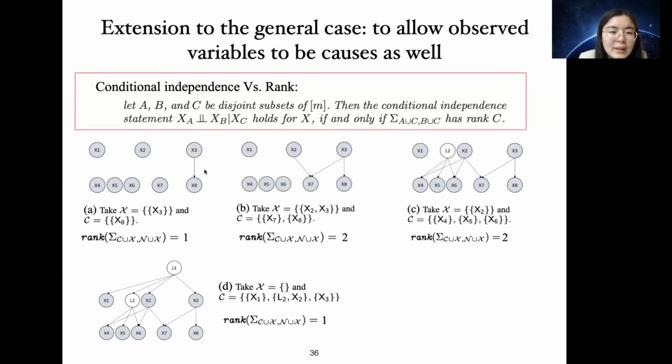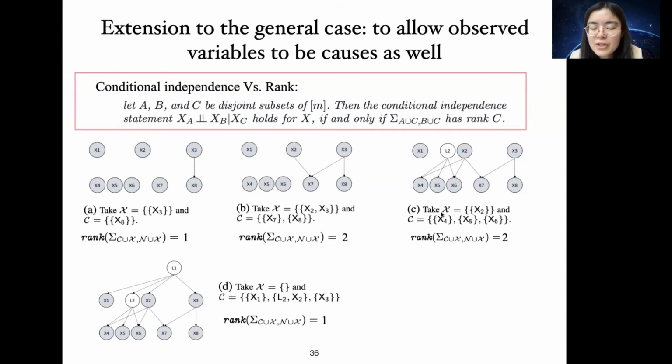So we add an edge from X3 to X8. Furthermore, if we take X equals X2 and X3 and C equals X7 and X8, we find the corresponding rank is 2. So we add an edge from X2, X3 to X7.